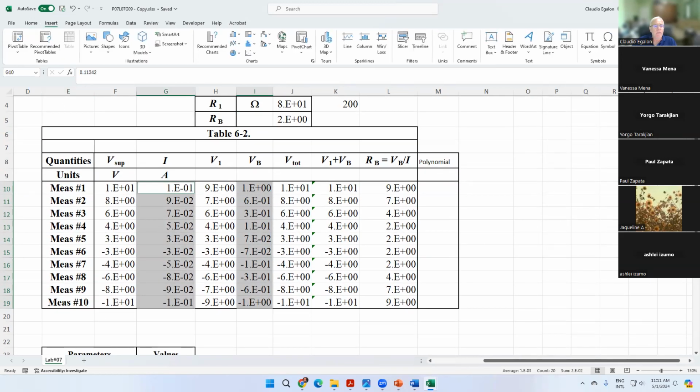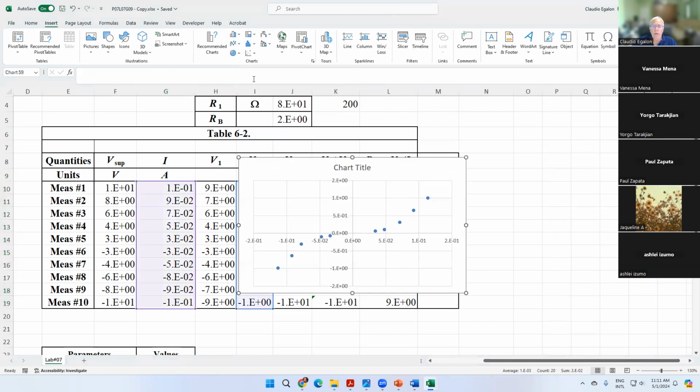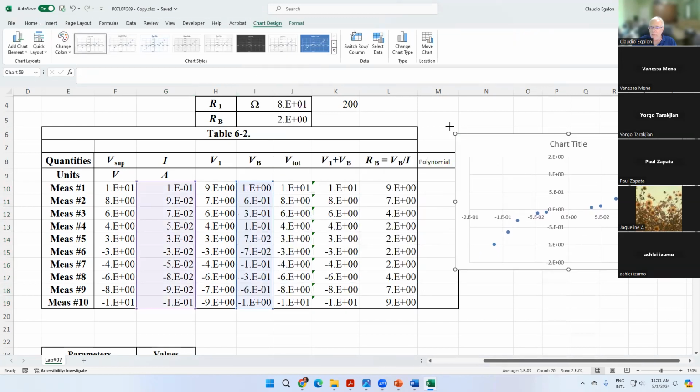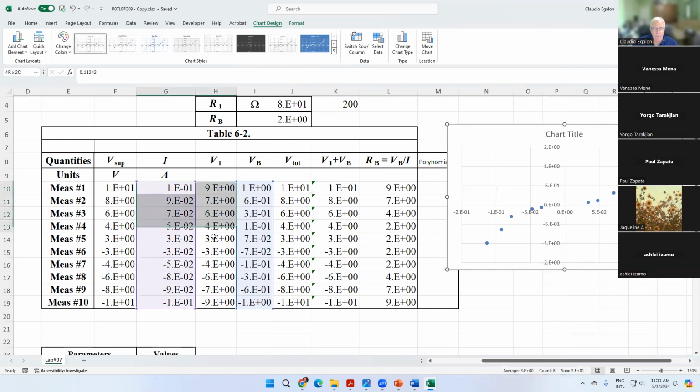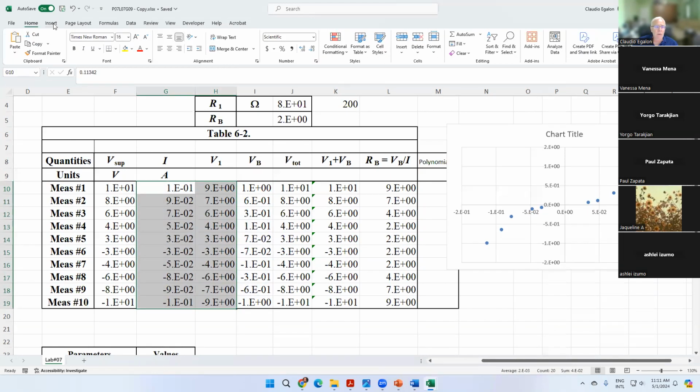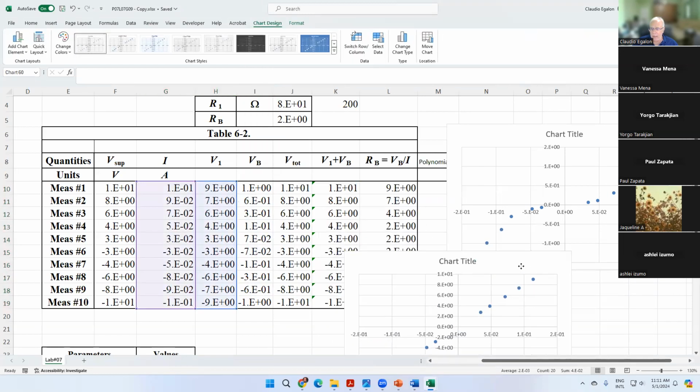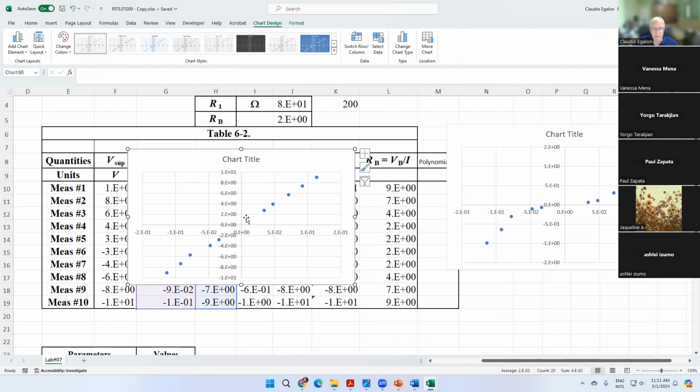Okay? Insert, chart. Here you go. Do you see that? For comparison purposes, I'm going to plot V1 and I, which, by the way, is for the resistor, right? This guy here is a straight line, but not this one.